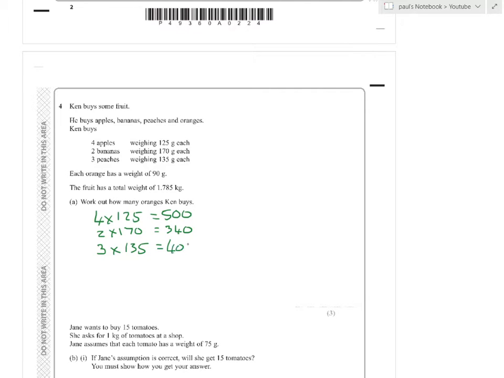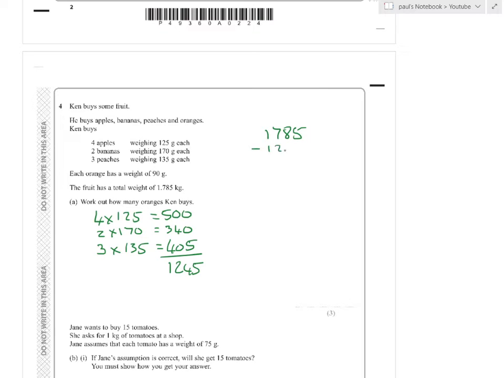Let's add all that lot up together. 500 plus 340 plus 405 is 1245. Now the total weight is 1785.